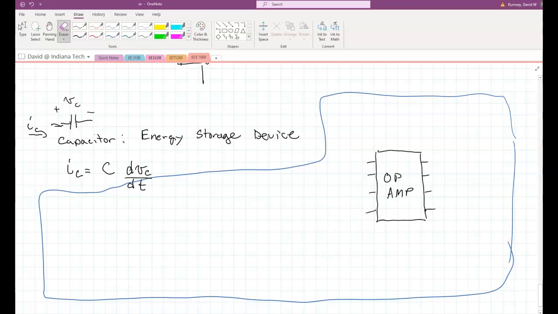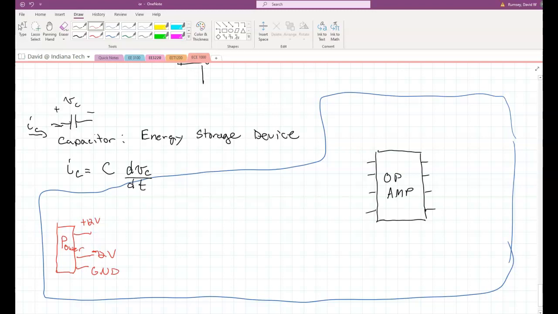Okay, so this is the outline for the circuit board, and I put the chip right there. Now, my power supply might be all the way over here. So this is my power. And I might have plus 12 volts here, minus 12 volts here, and then ground.